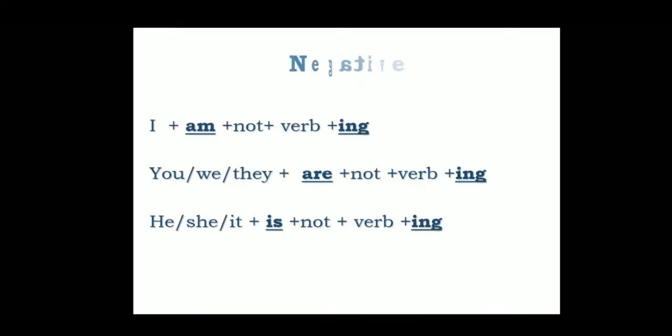So, the present continuous in the negative form: I plus am plus not plus verb plus ing. You or we or they plus are plus not plus verb plus ing. He or she or it plus is plus not plus verb plus ing.